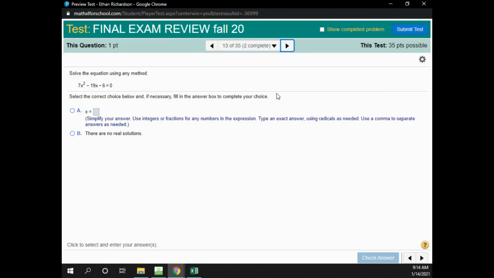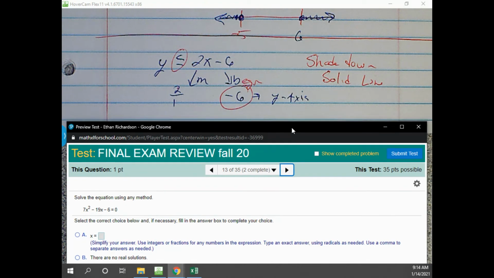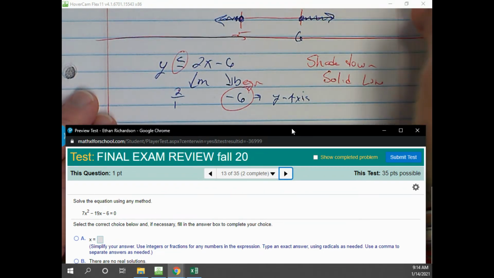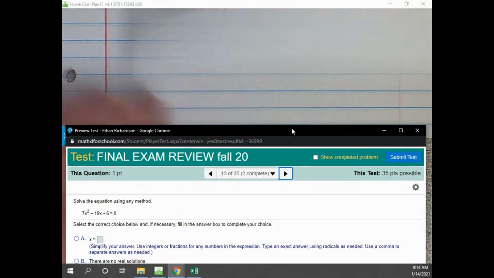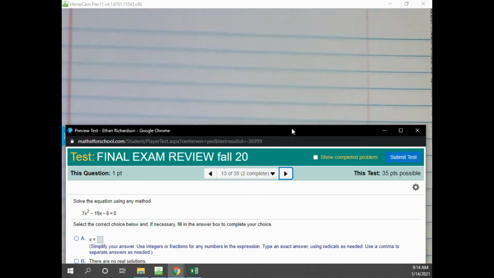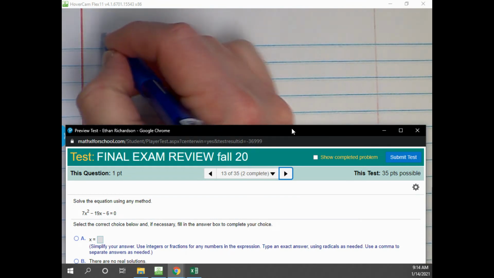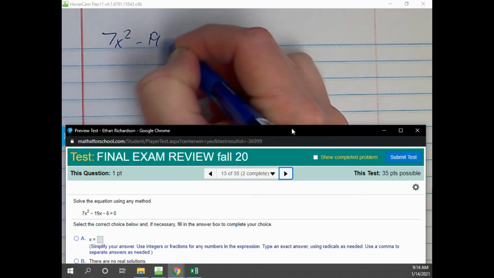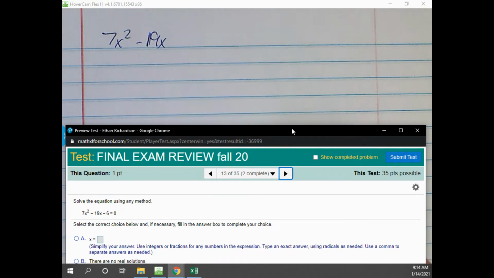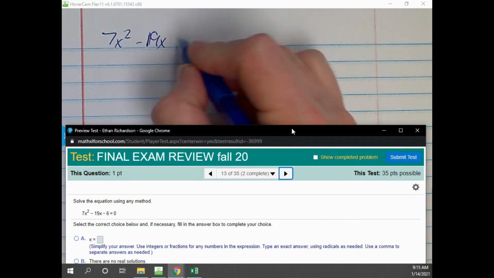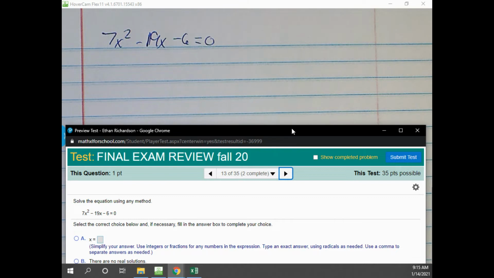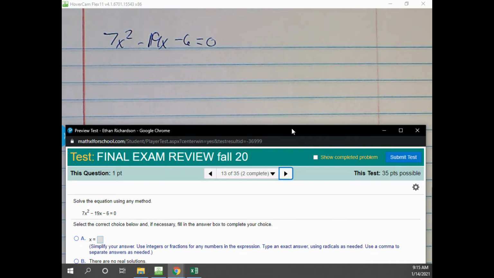All right, 13. Solve an equation with any method. So we have 7x squared minus 19x minus 6. Okay, this is the big boy. So 7x squared minus 19x minus 6 equals 0. First thing I would always do for a problem like this is try factoring first.